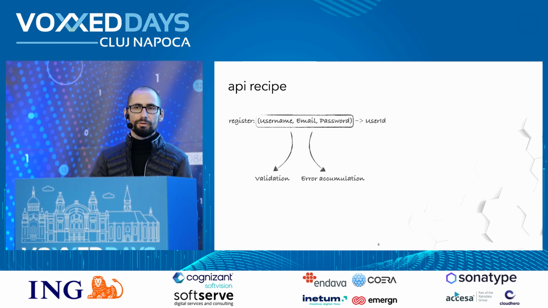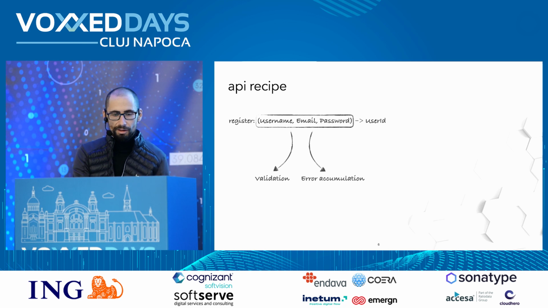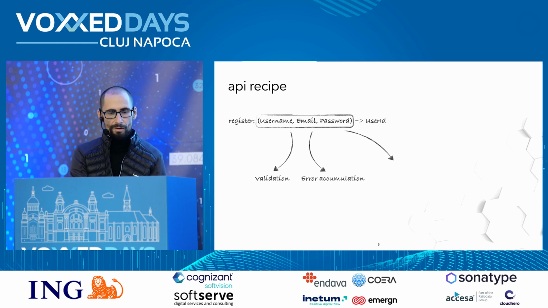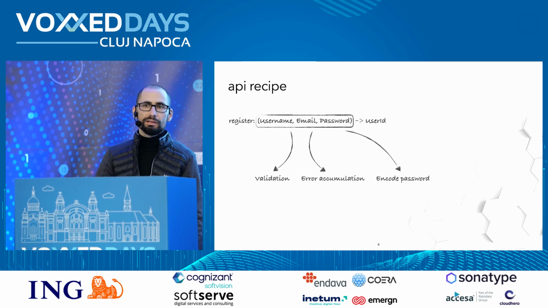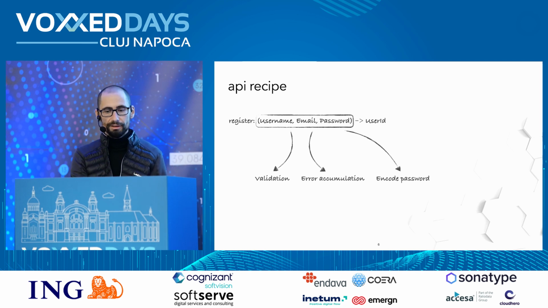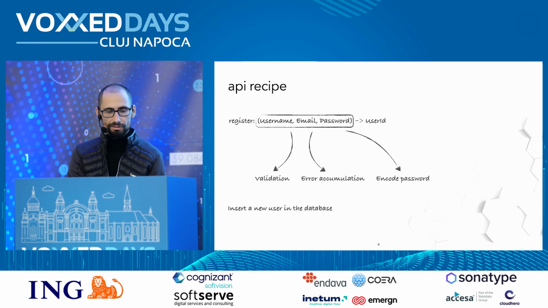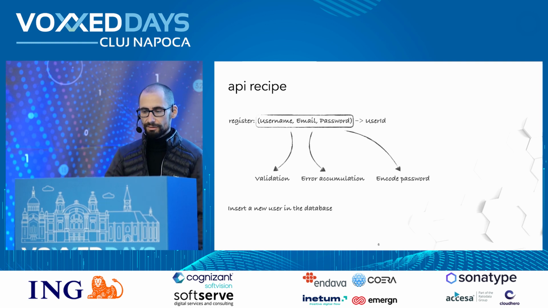And then we say, hey, your email is invalid, and so on. So we want to accumulate all of these errors and send them to the user all at once. Another step that we are going to take is to encode the password. We don't want to save it in plain text. And once everything is successful, we are going to insert the user inside the database.